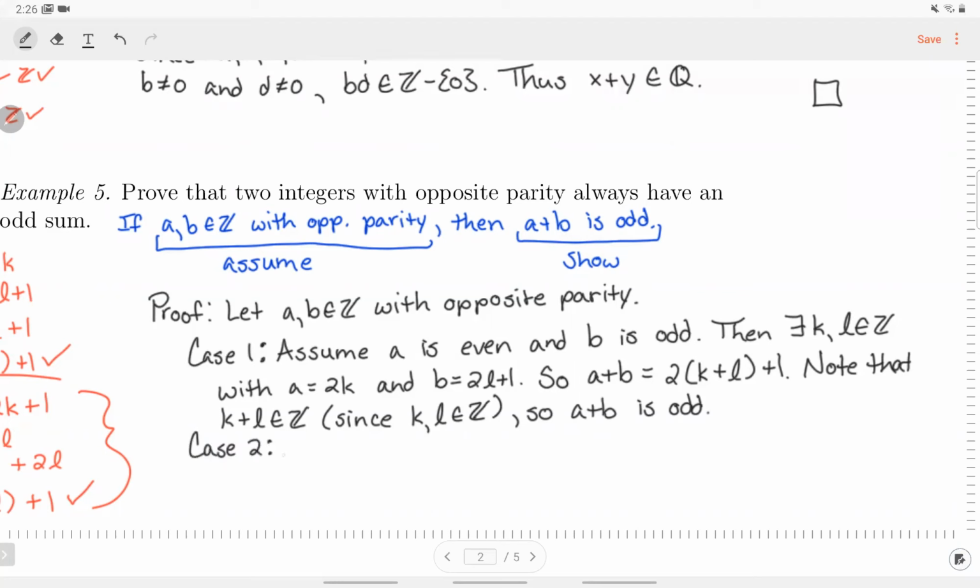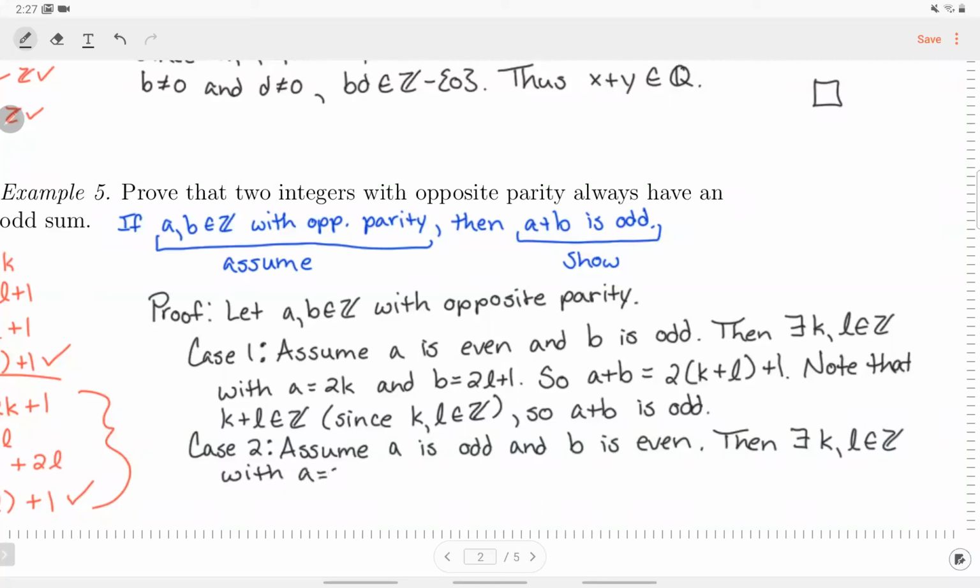Case 2. Assume A is odd and B is even. Okay, so now here's where we can save some effort. We're still going to do the next line the same, but then we'll save ourselves a little bit of work. Then there exist K and L in the integers with A equal 2K plus 1 and B equal 2L.